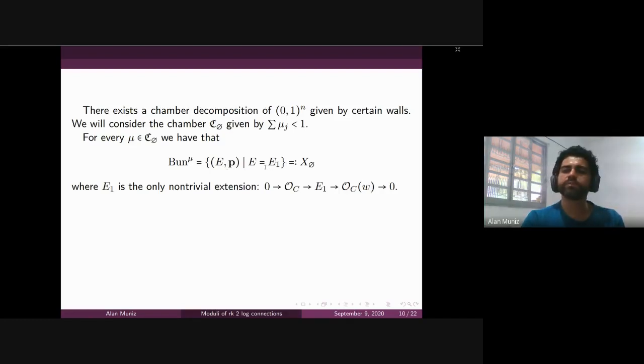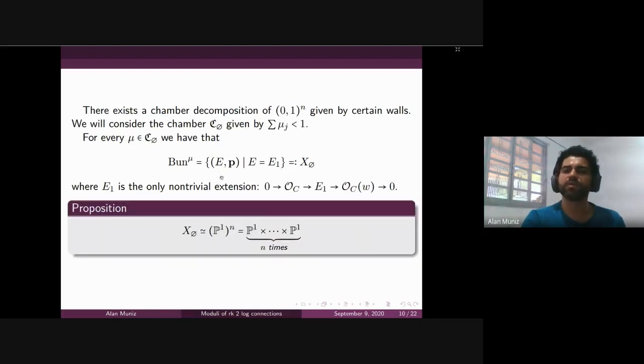Of course, this vector bundle does not have non-trivial automorphisms, so we have exactly one object once we give the directions. We have a point in this moduli space.